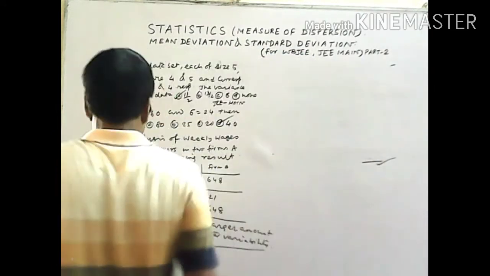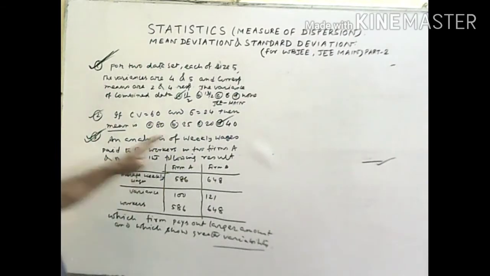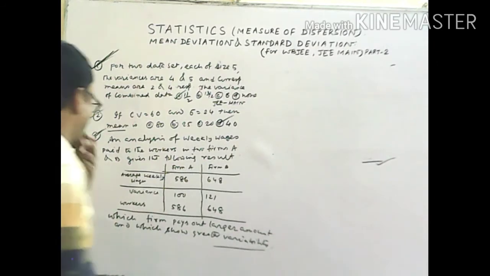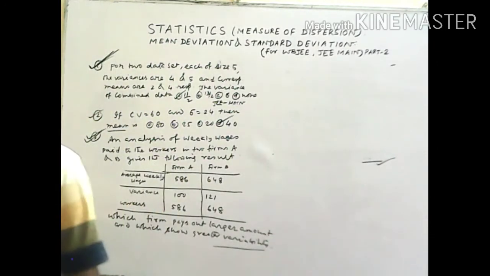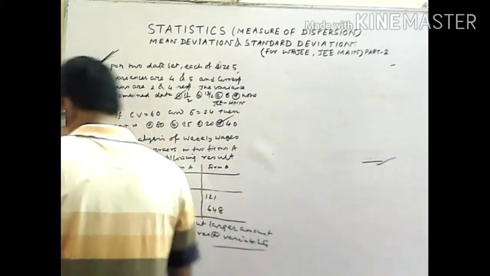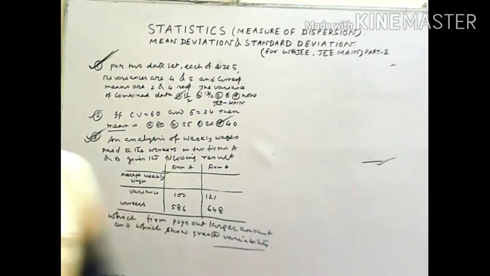So look, there are two firms A and B and their average weekly wages are given.